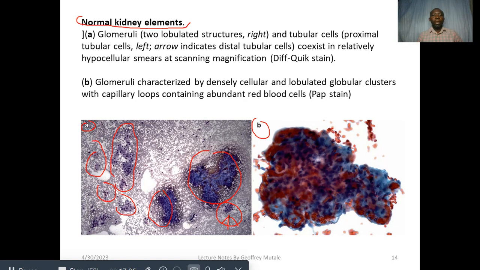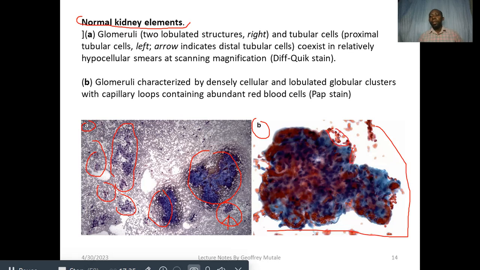So in B, we have the glomerula, characterized by densely cellular and lobulated globular clusters with capillary loops containing abundant red blood cells. On our right, when we look at the background of this image, we see it has a lot of blood cells, red blood cells, WBCs.